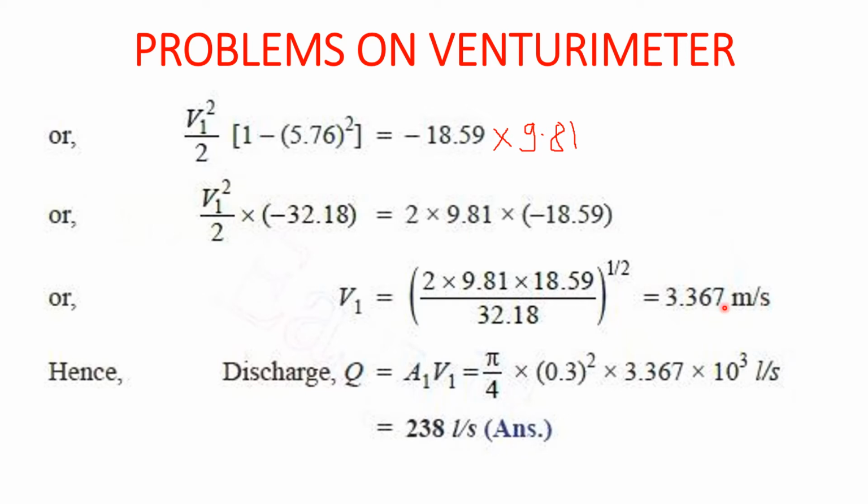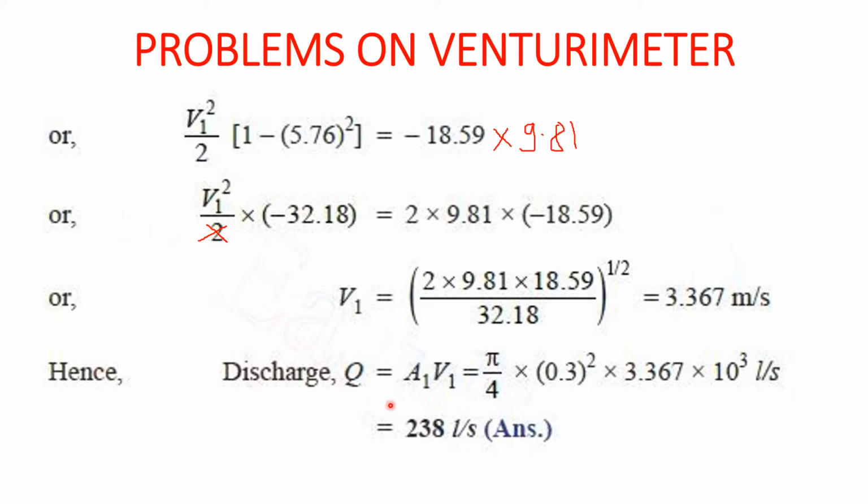Okay, now see guys, after this value which we have got, in this problem for that particular value already 2 is taken, so v1 square into minus 32.18, like this it will be there. Okay, just it's a typing mistake.